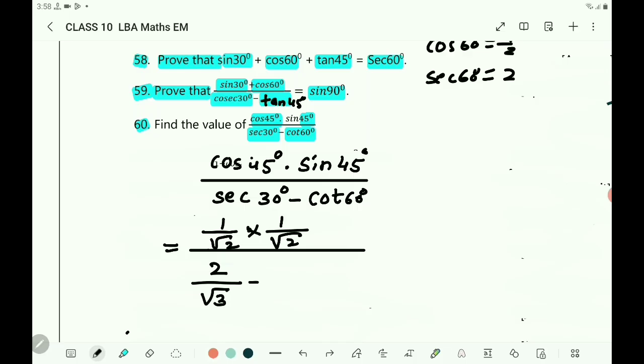Tan 60 is root 3. Therefore, cot 60 is 1 by root 3.